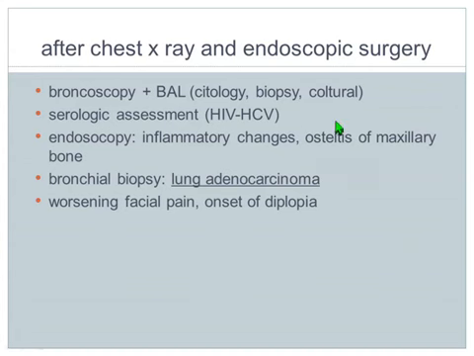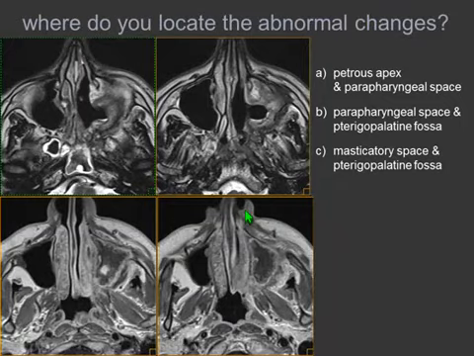After this examination and the endoscopic procedure, the patient had worsening of the facial pain and the onset of diplopia. For this reason, we obtain an MRI. Then you have turbo spin echo T2 and T1 post-contrast. And the question is, where do you locate the abnormal changes?